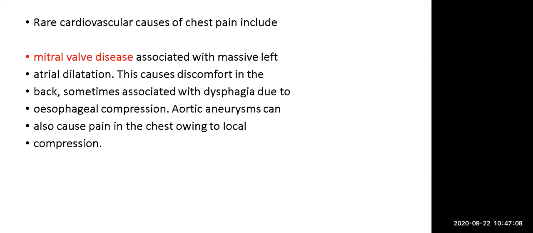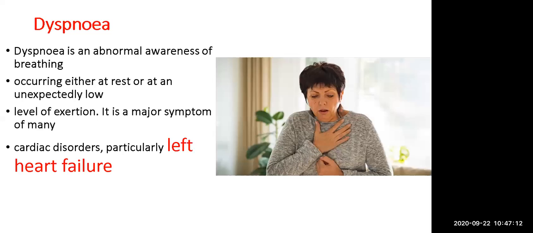Aortic aneurysm can also cause pain in the chest owing to local compression. Okay, so we are done talking about chest pain, and please write in your notebook because it is the most common complaint.